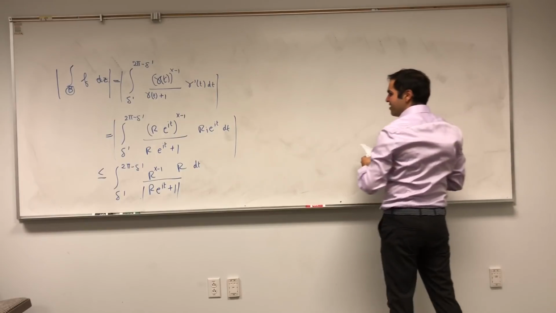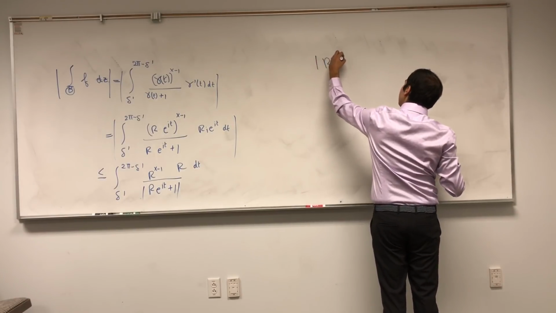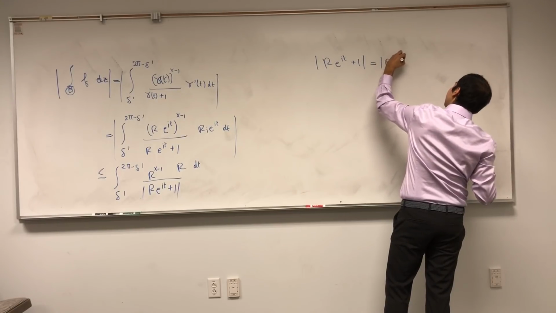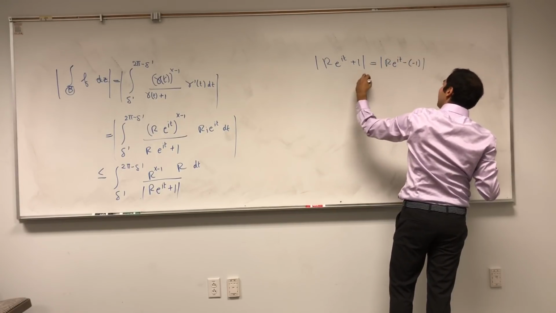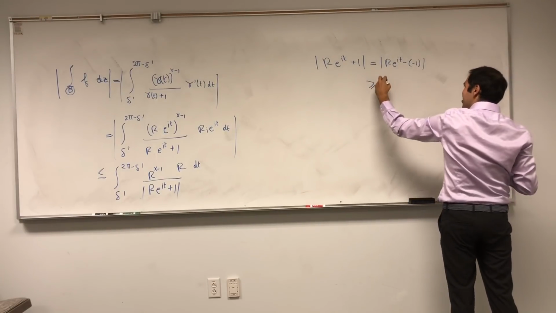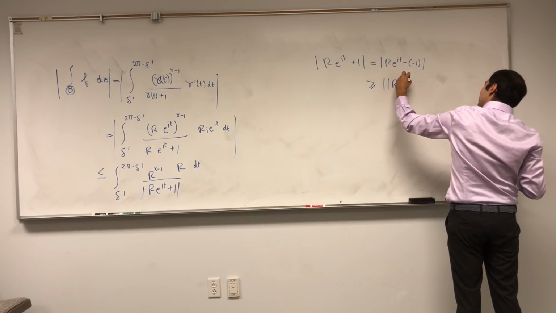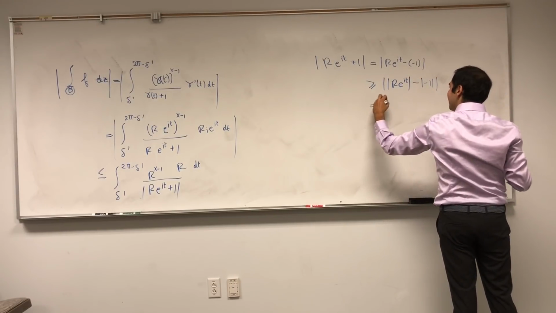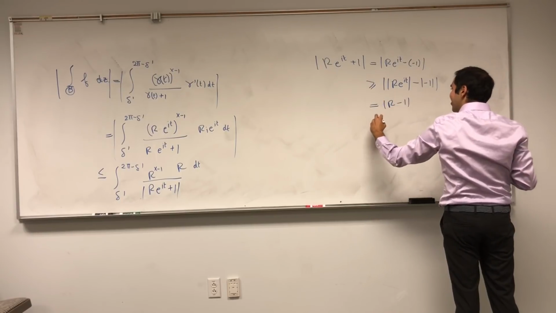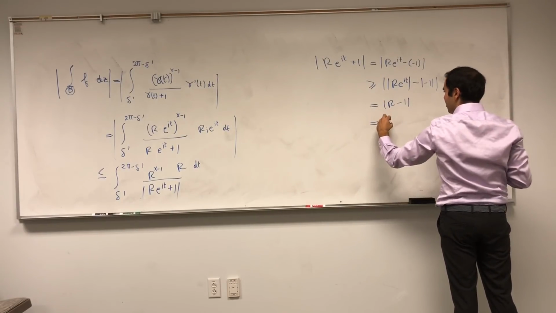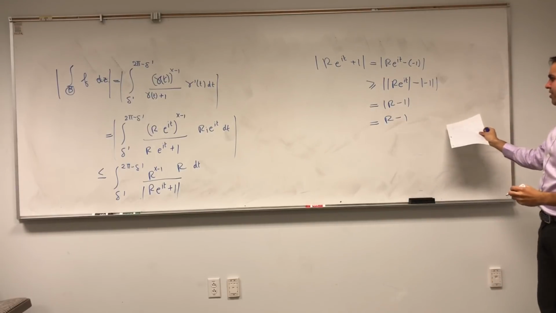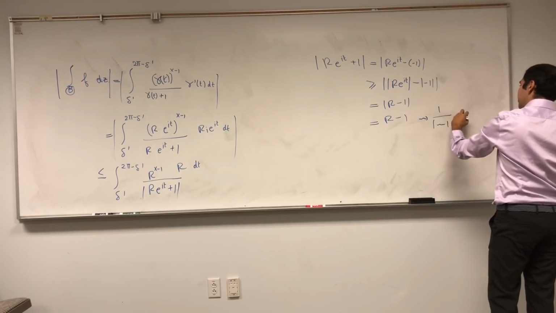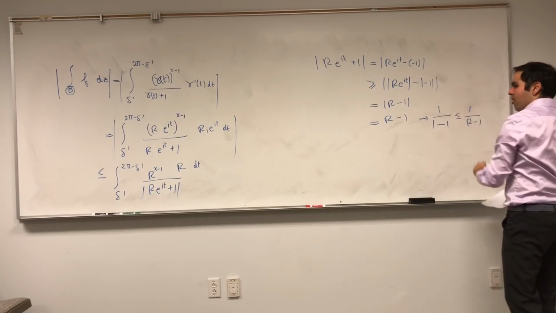So |r e^{it} + 1| equals |r e^{it} − (−1)|, which is at least |r e^{it}| minus |−1|, that's |r − 1|. But r is ginormous, so you get r − 1, and so 1 over the absolute value is less than or equal to 1 over r − 1.